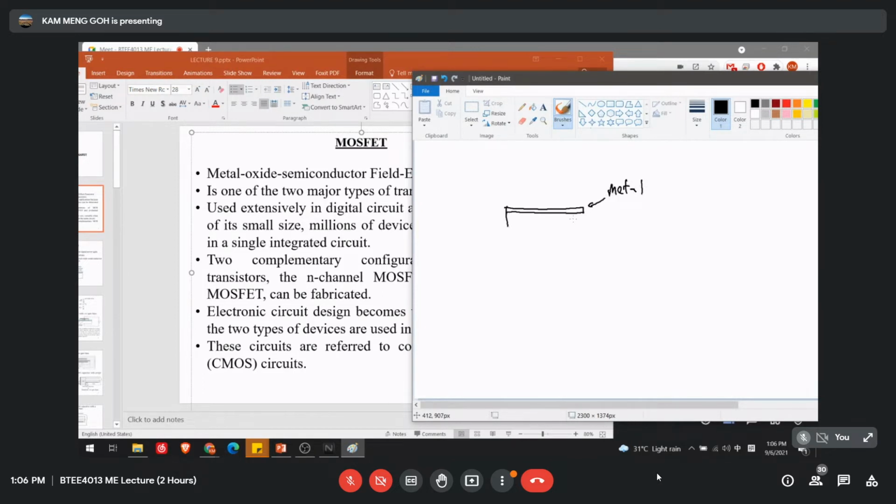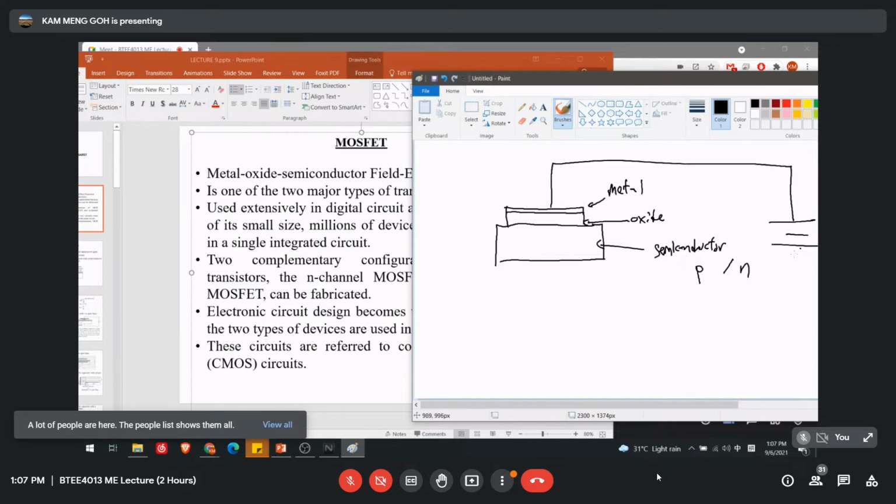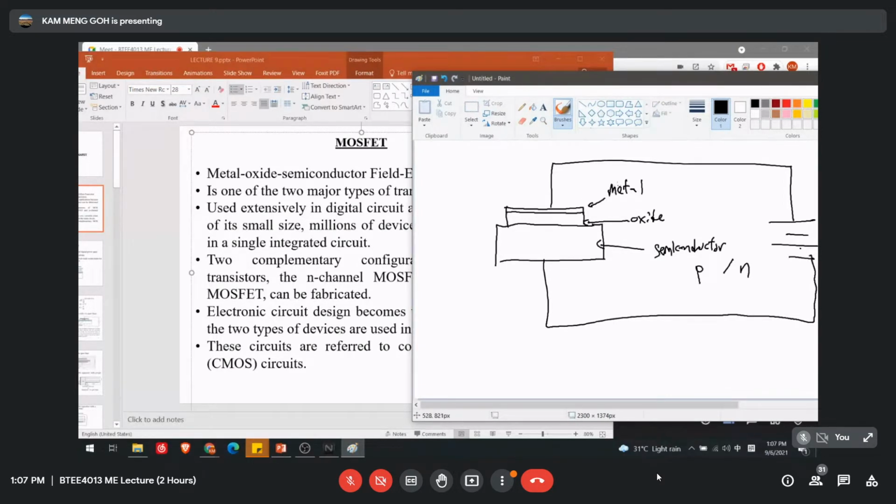Then after that, you'll have a layer of oxide. Then you'll have another layer of semiconductor, either P-type or N-type. Then you connect to the battery or power supply. MOS. So that's why we call it MOSFET.